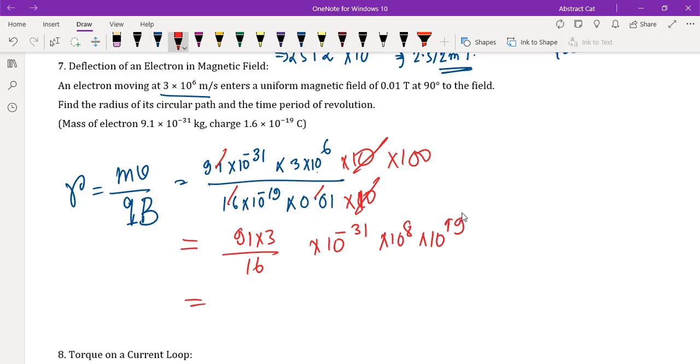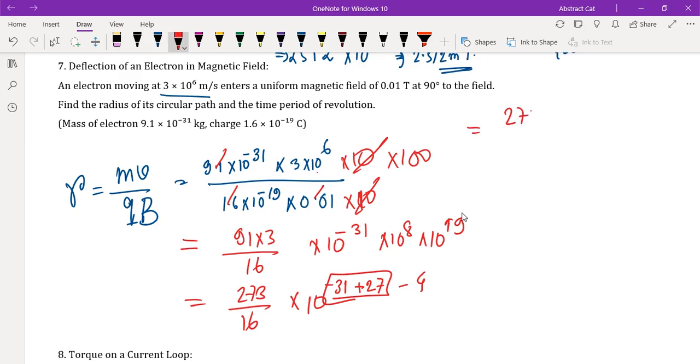So you get 273 by 16 into 10 to the power minus 31 plus 8, minus 19, that is plus 27, so you get minus 4 here.